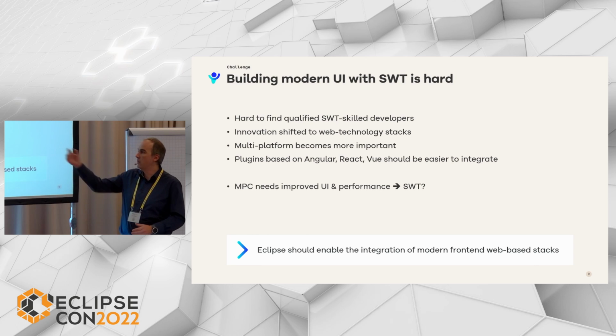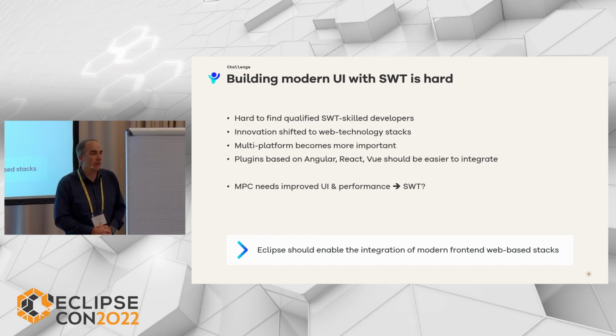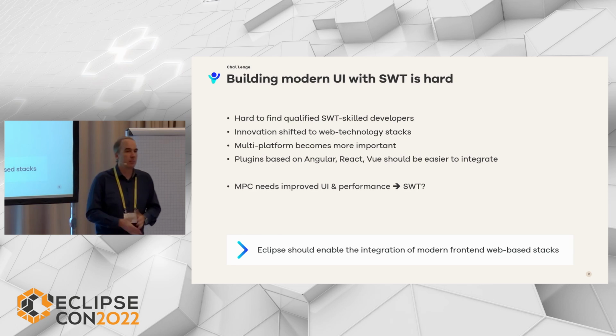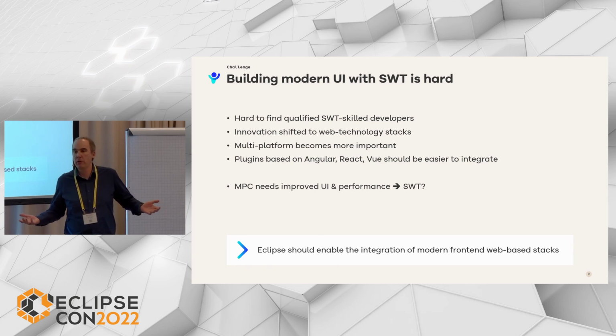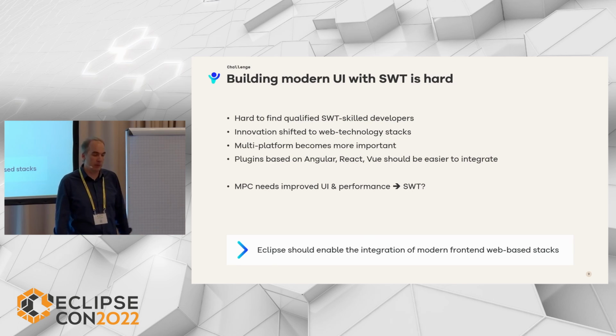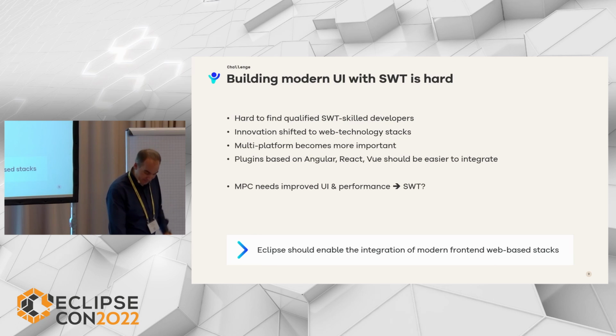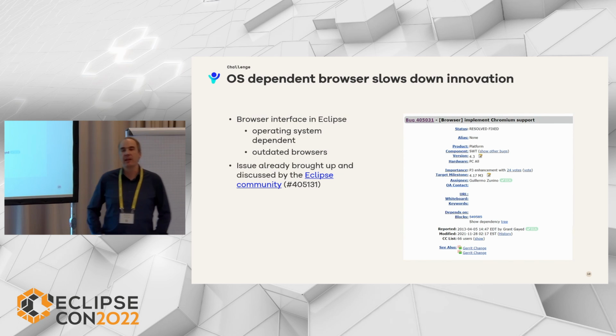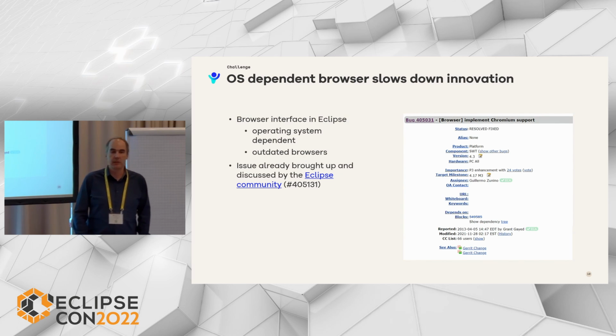Since the marketplace client needs UI improvement, we said, okay, maybe we should not go with SWT, but do it based on web-based technology. And that should be easy, right? We have a browser integration in Eclipse, so just go for it, implement it in Angular, and we can display it there. Well, this is also not that easy, because the browser integration, at least on Windows, is Internet Explorer.